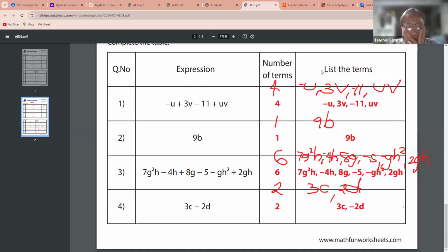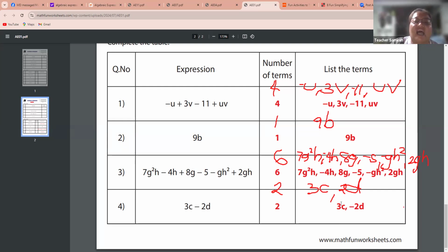Look at this. For question number 1, the correct number of terms is 4. Therefore, you are correct. For question number 2, you got 1, also correct. For number 3, you also got the correct answer, which is 6 terms. And for question number 4, you got 2.